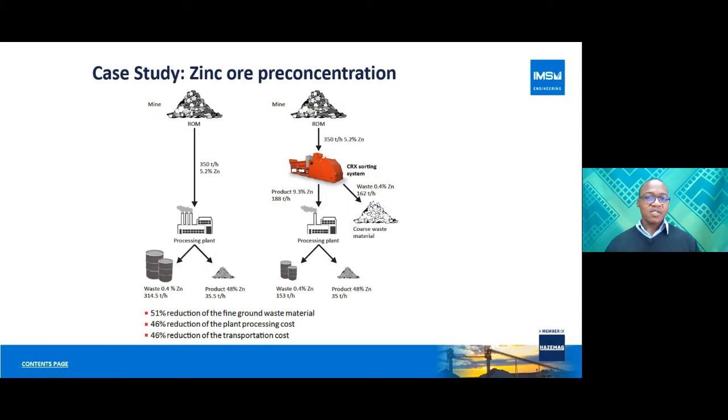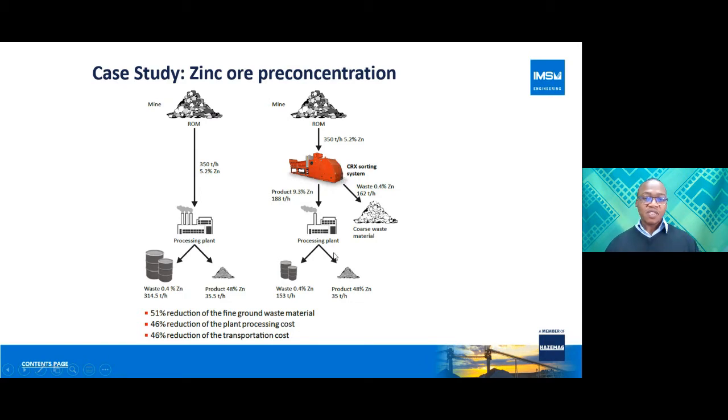What I'm showing now is a case study that one of our partner companies worked on recently. They were treating about 350 tons per hour of a zinc ore, producing about 35 tons per hour at 48% zinc. However, with the installation of a sensor sorter, the material going to the final processing plant was reduced, because approximately 50% of the material was removed upstream.